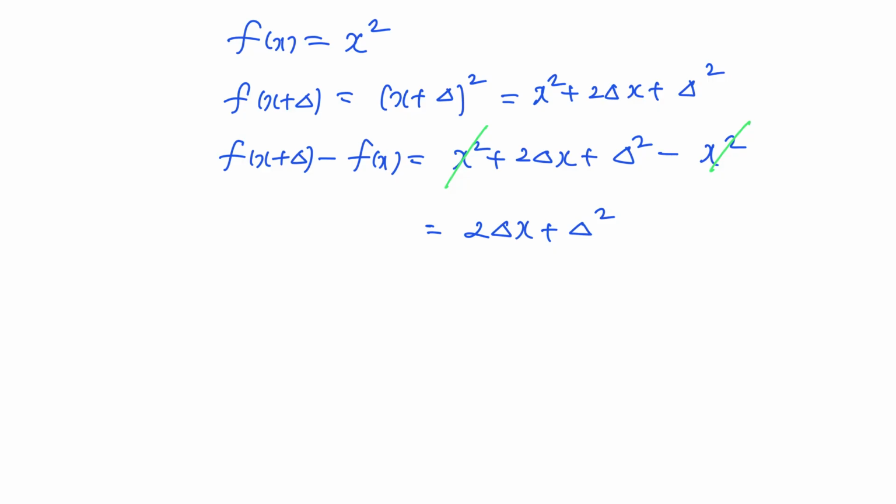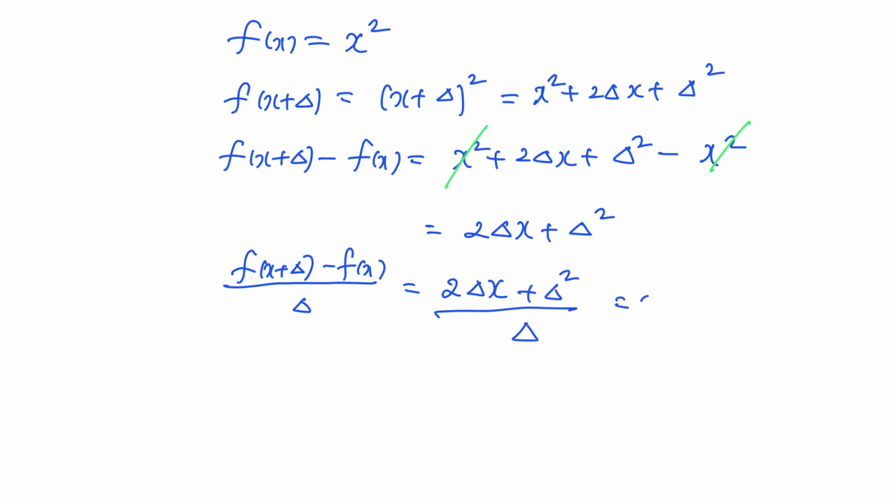So if we divide this by delta, two delta x plus delta squared over delta is 2x plus delta. And as delta goes to 0, it becomes 2x, right?